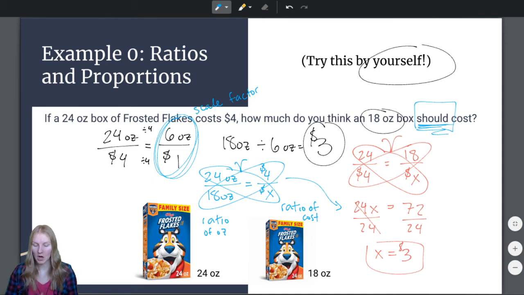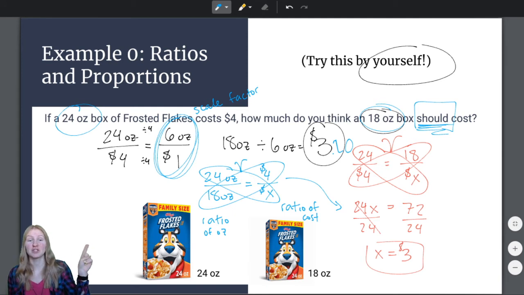Okay, so now we say how much should it cost, because sometimes, right, sometimes the 18-ounce box of cereal is like $13.20. And so you have to decide, oh, is it cheaper to get the 24-ounce box, or is it cheaper to get the 18-ounce box? So when people say, when am I going to use this in my life? This is actually one example of something that I do use every time I go to the grocery store.